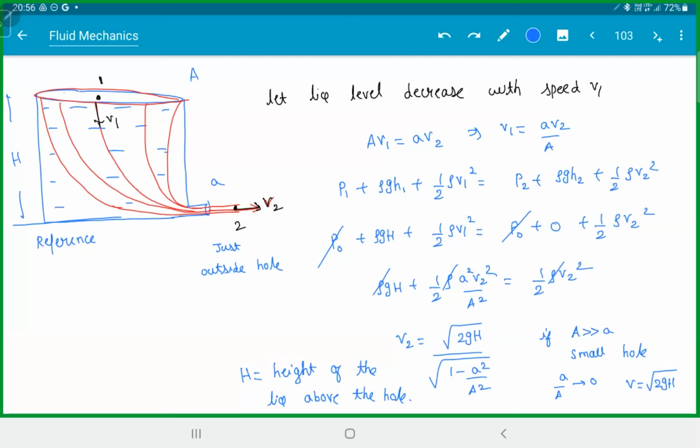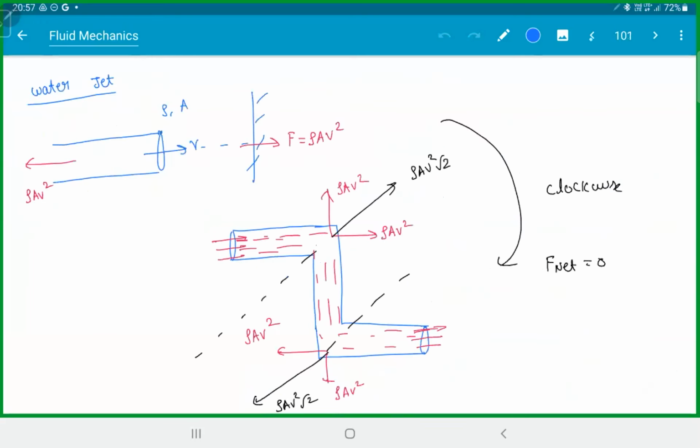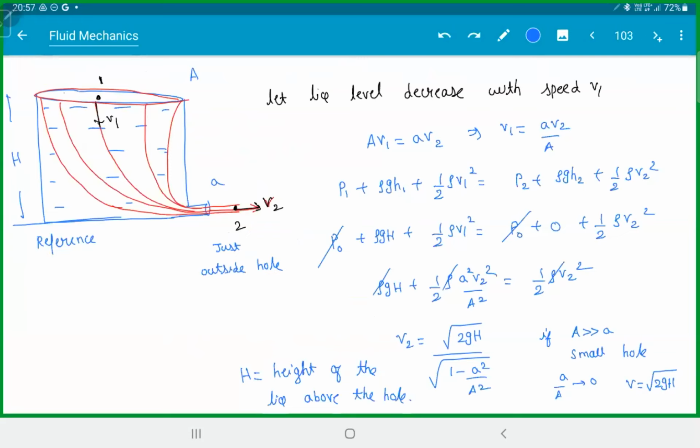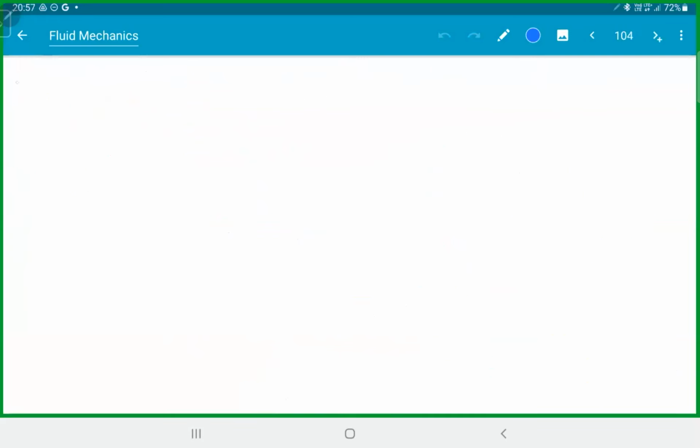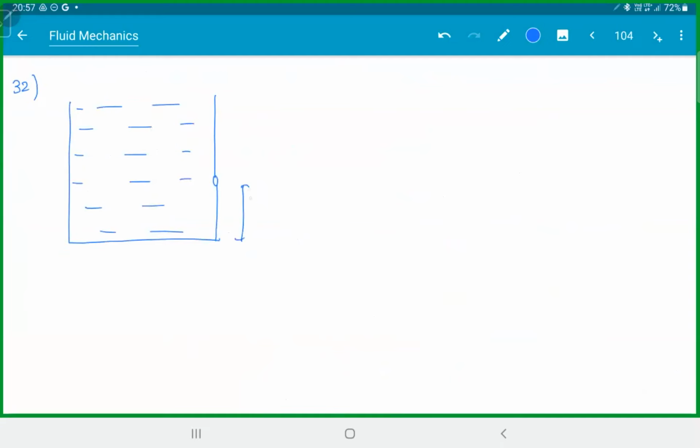So let's see some questions on this. The idea is pretty simple. The water comes out. That's what we call the velocity of efflux. Let's say you have a container and you made a small hole at a distance x, and this is h.